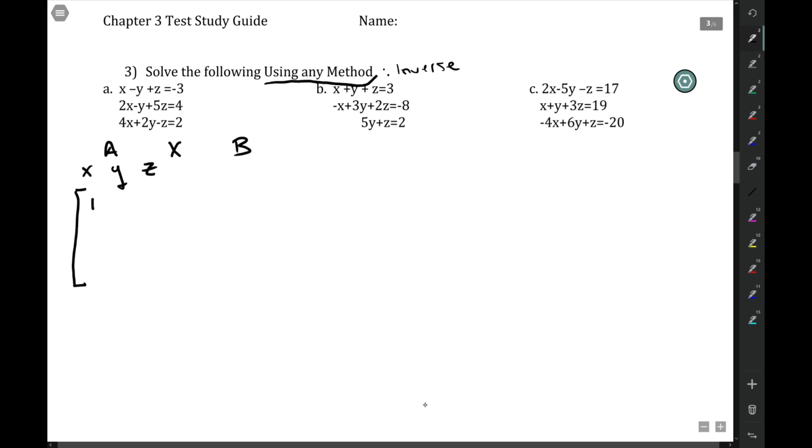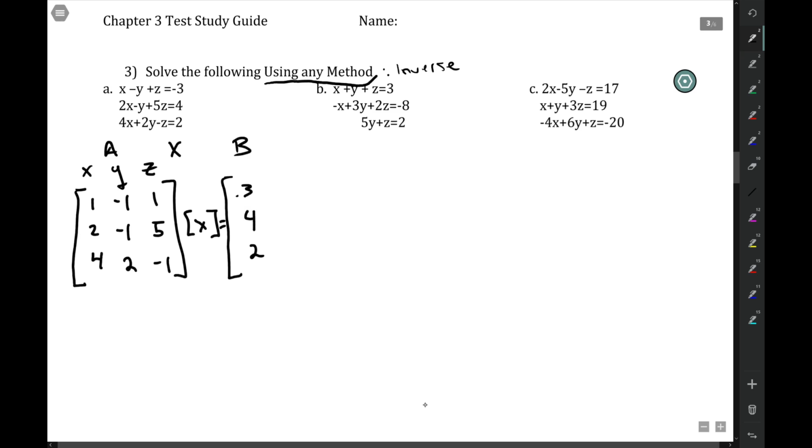X is going to be 1, 2, and 4; -1, -1, 2; 1, 5, and -1. Solving for the matrix X, B is what we're equal to: -3, 4, and 2.